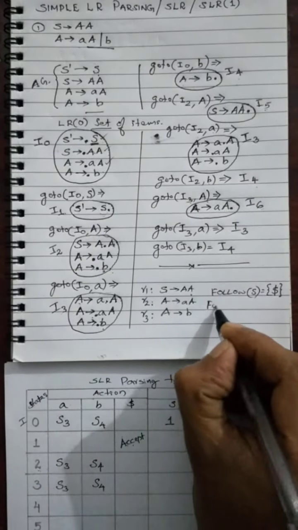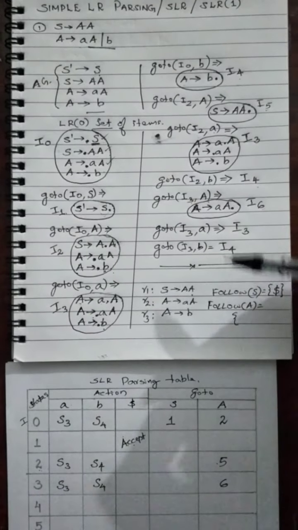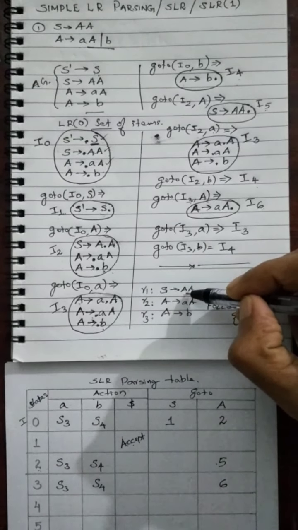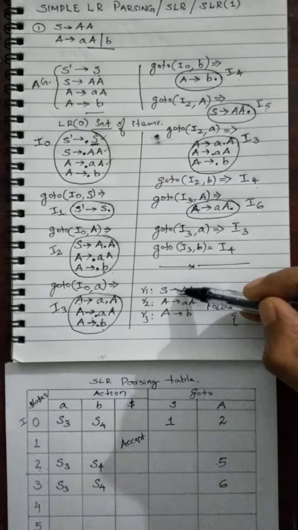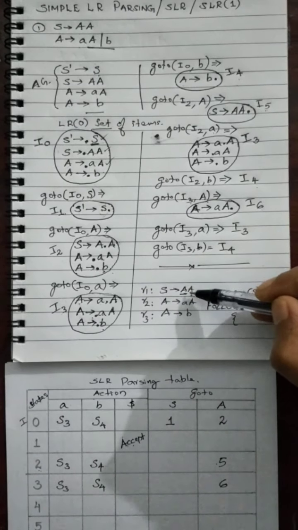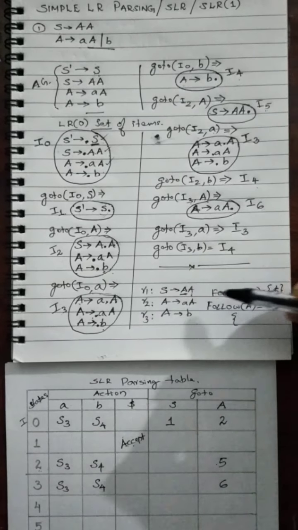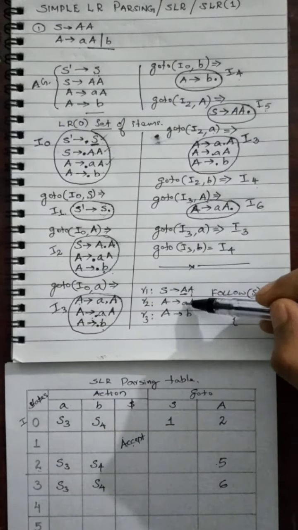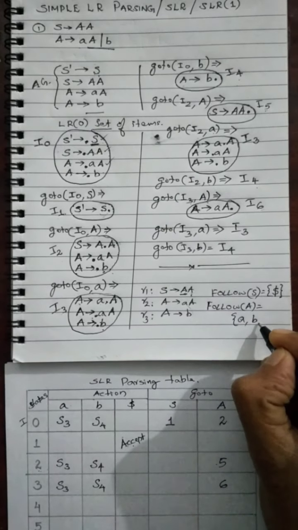Next is follow of capital A. As you can see, A is on the right hand side of a production, and by considering this particular production, follow of A is first of whatever exists after this capital A. So first of A: A producing small a, capital A producing B, so I have a, b. Anything else to be added?